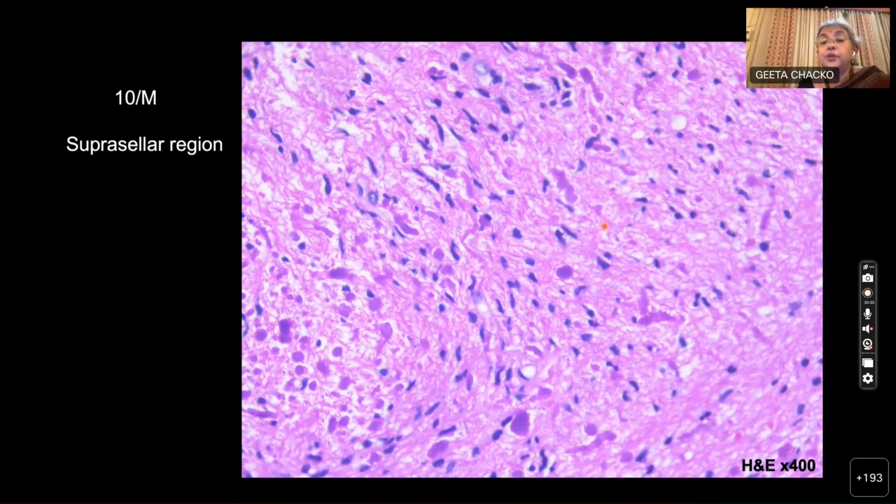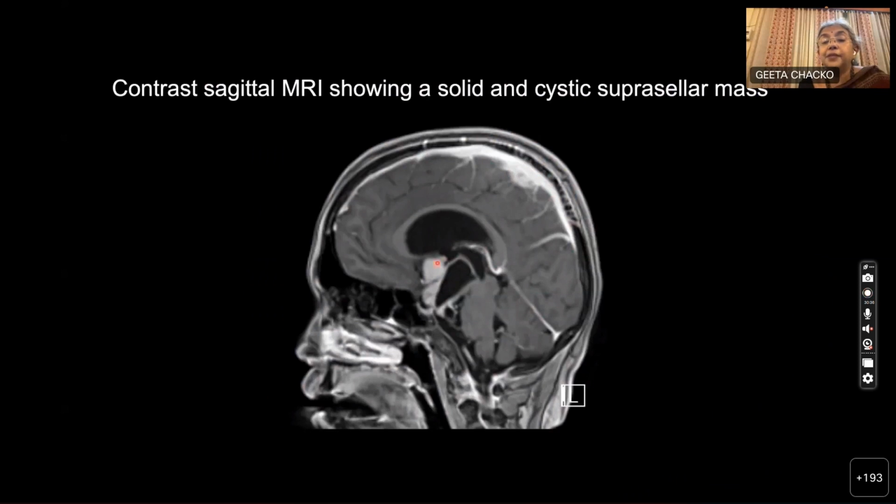Now, child, suprasellar region, Rosenthal fibers. You should not jump to a conclusion of pilocytic if the imaging features are showing not only that it's a cystic tumor, but that the surgeon tells you that he or she has seen machine oil like fluid coming out of the cyst.